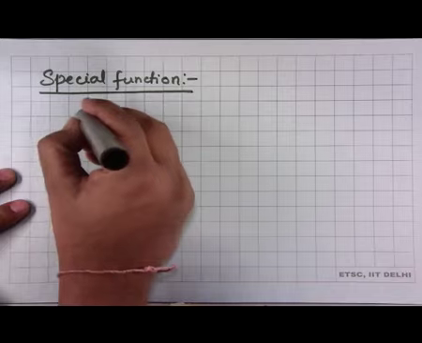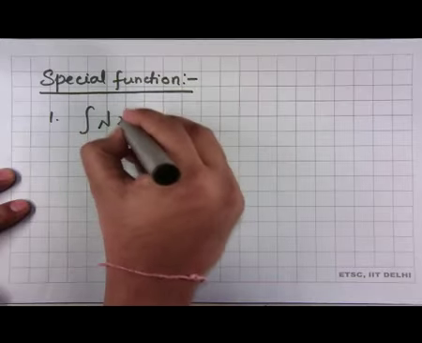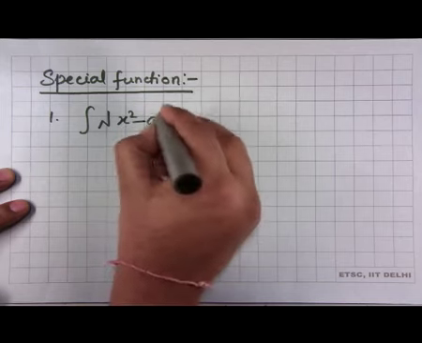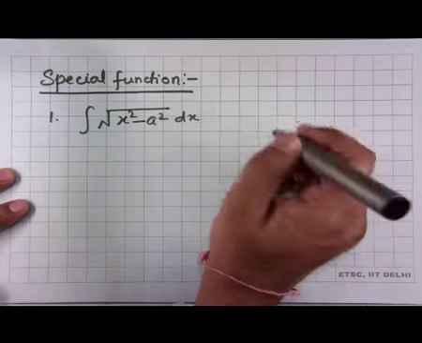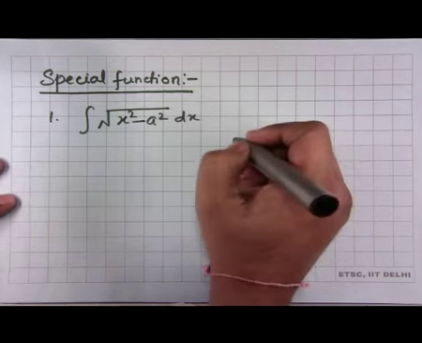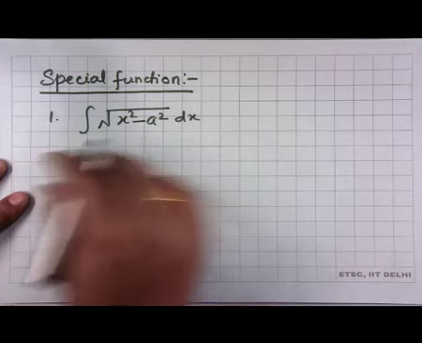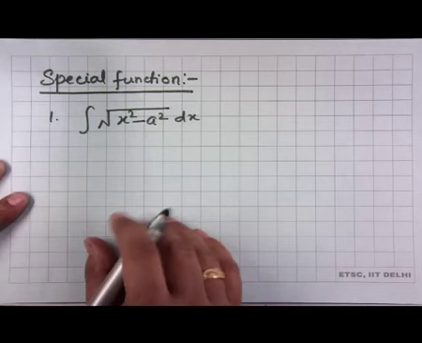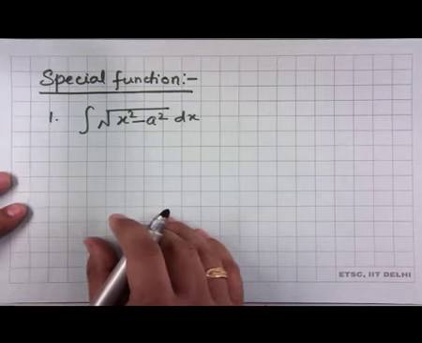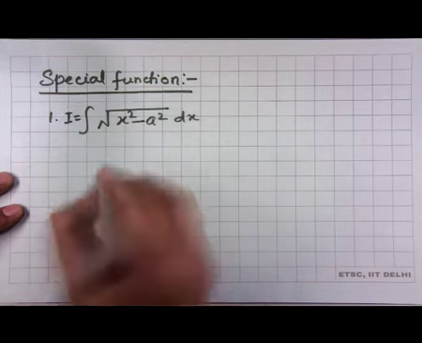So, let us look at the function square root of x square minus a square dx. Similarly, I can do it for a square minus x square and a square plus x square. I will do x square minus a square, and then the rest of them I will tell you the formulas for. So, suppose that we have to integrate this integral.